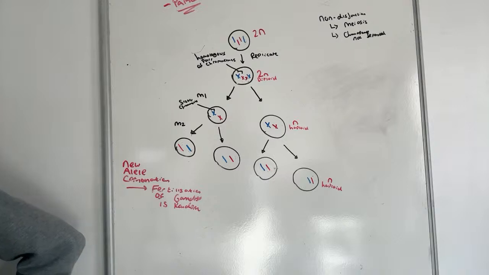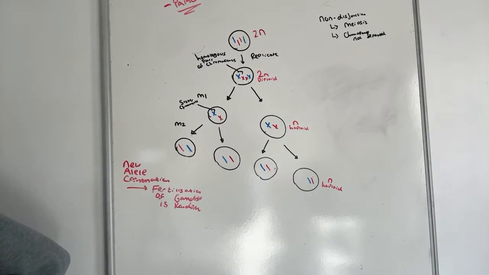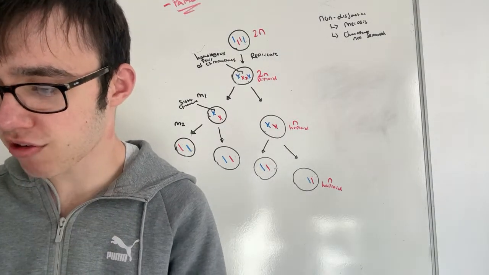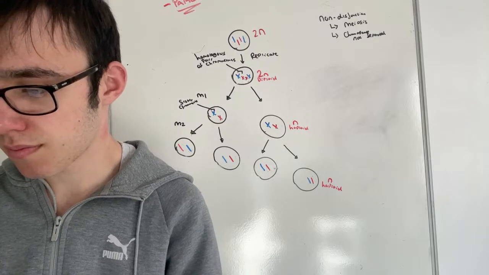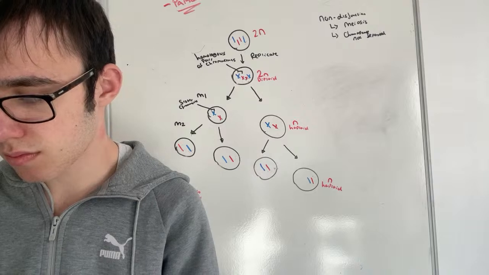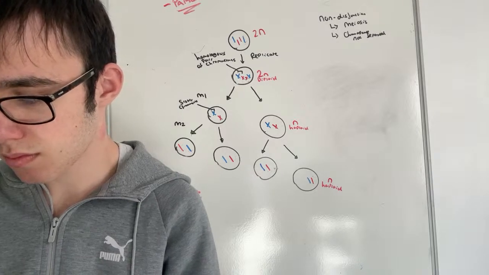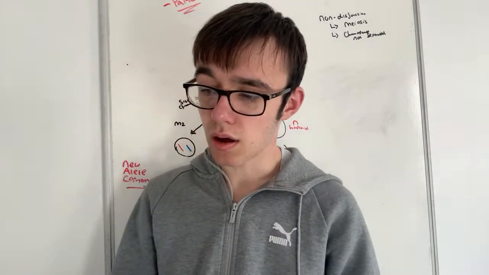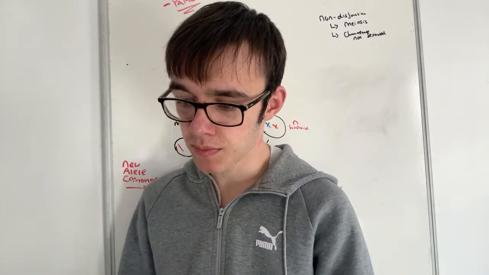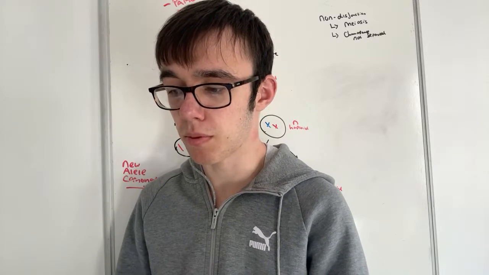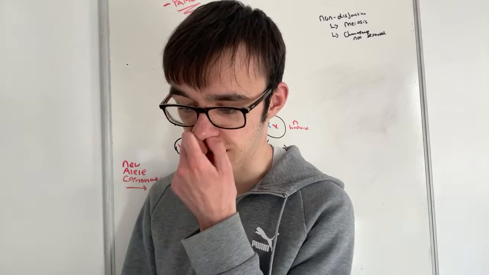Mark scheme better back me up here. 1 division, 2 divisions in mitosis. Yep. The daughter cells are genetically identical. Both are, which is the mistake I was going to make, diploid to diploid in mitosis, haploid to haploid, and diploid to haploid in meiosis.